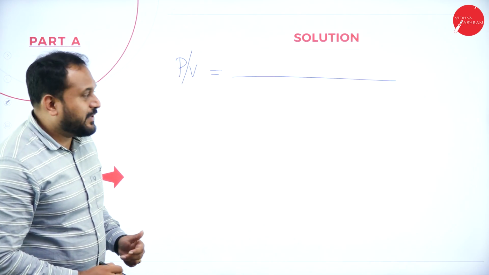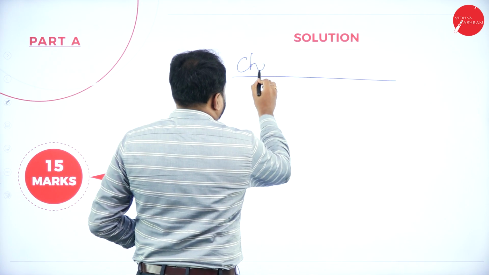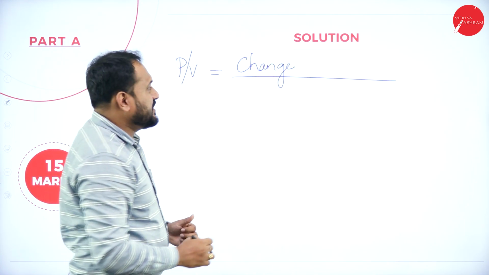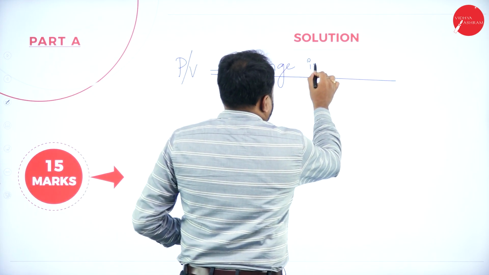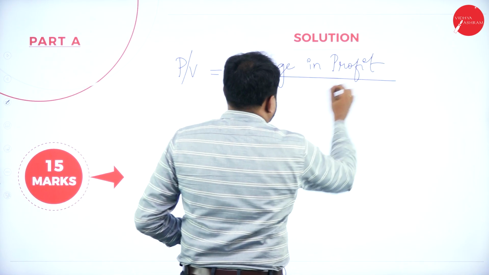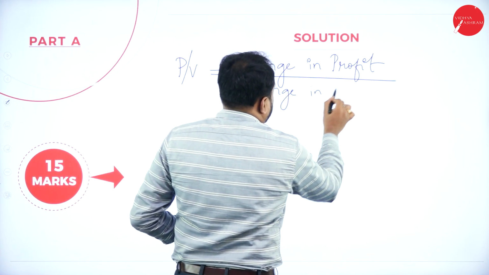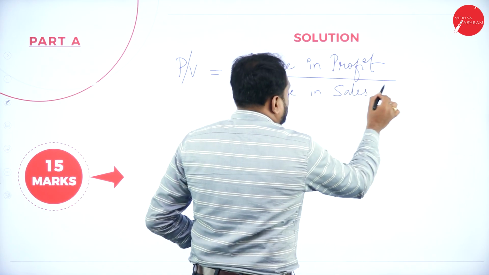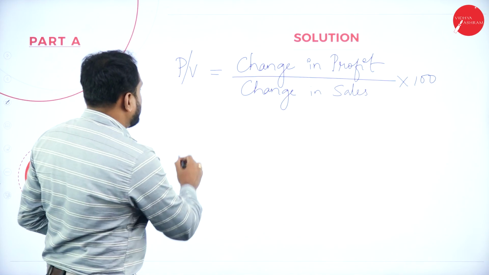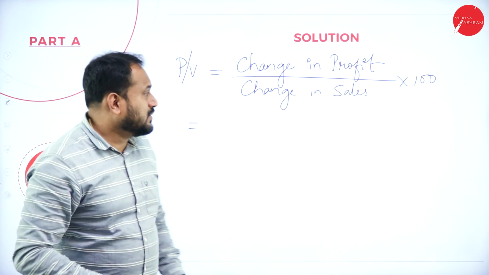The formula here is change in profit divided by change in sales into 100. You can also write delta, not an issue. Now go back to the question: change in profit divided by change in sales into 100.